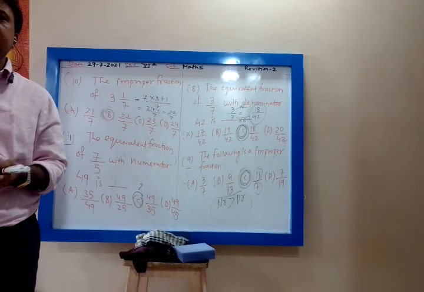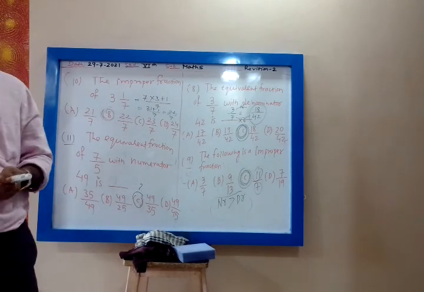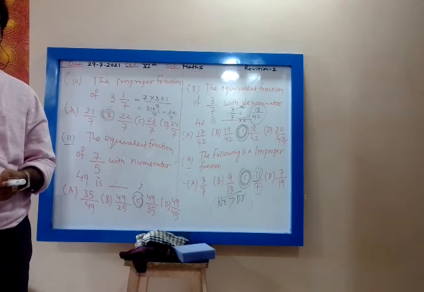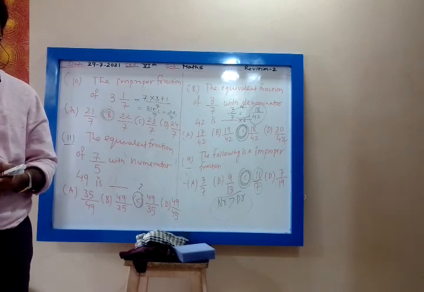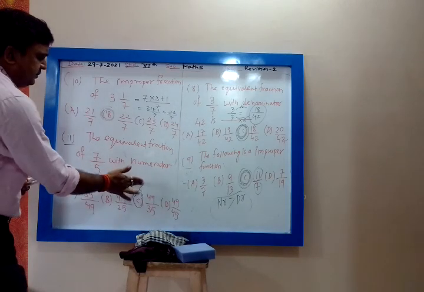Now let us take from B division. Divyansh. Okay, yes. Arushi says C. Let us check whether it is 49 upon 35 or not.